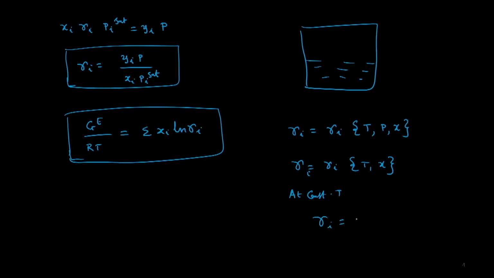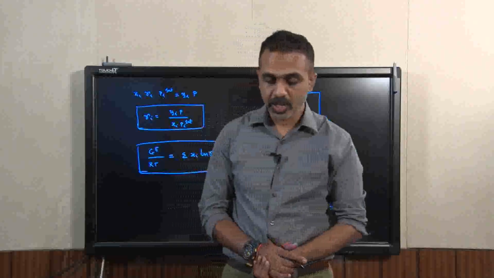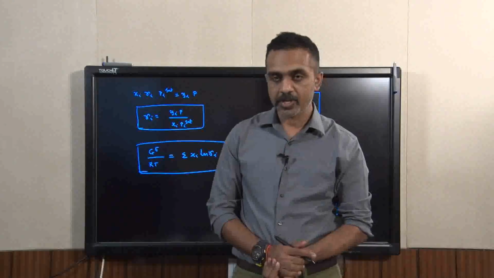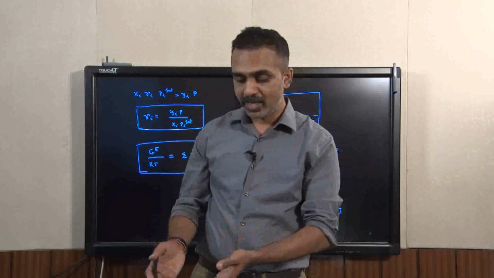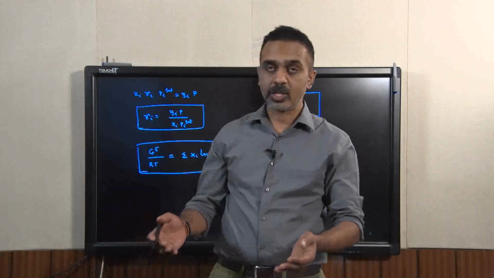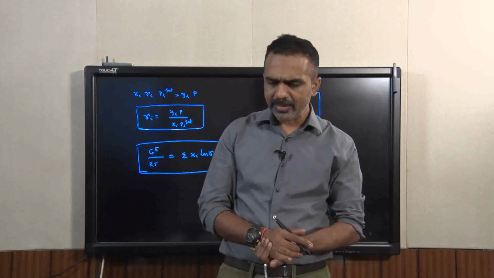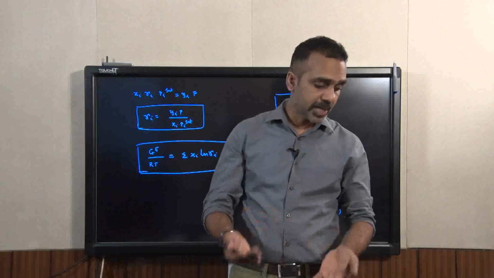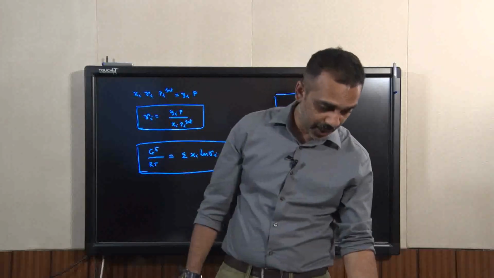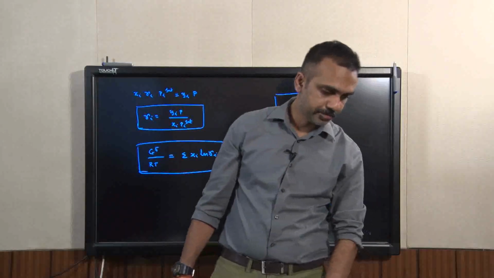What we are looking for is a model for activity coefficient in terms of the mole fraction x that is applicable at that particular temperature or pressure of interest. Once the temperature changes, then that model of course will change. So we can do experiments at constant temperature and pressure conditions, obtain how G^E/RT or the activity coefficients behave as a function of composition, and then try to model such a behavior, right?